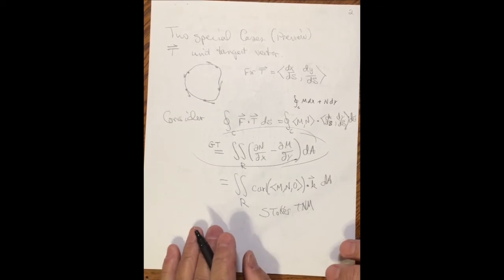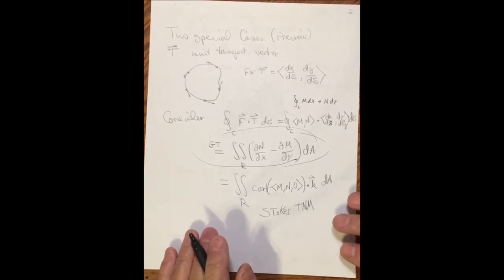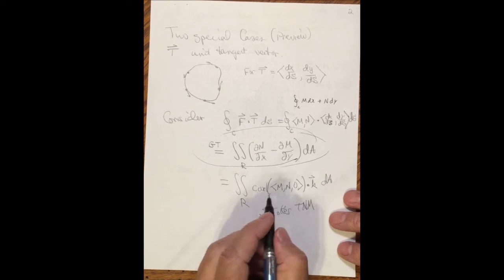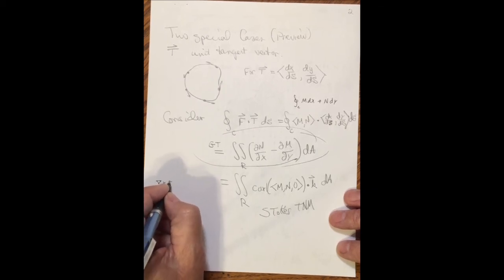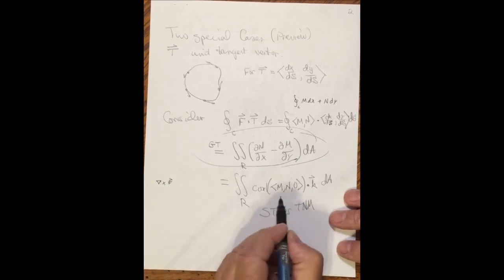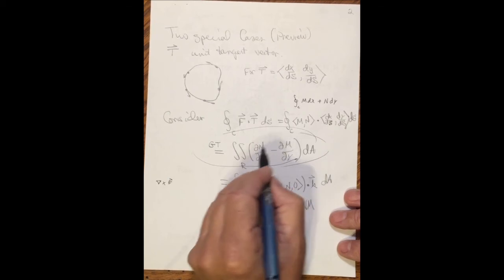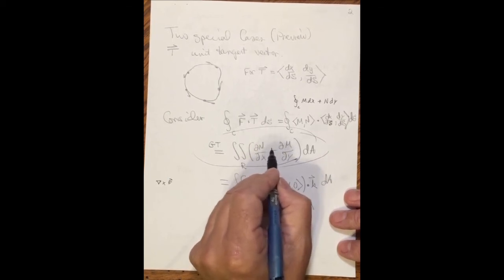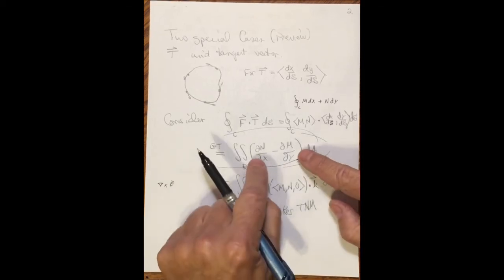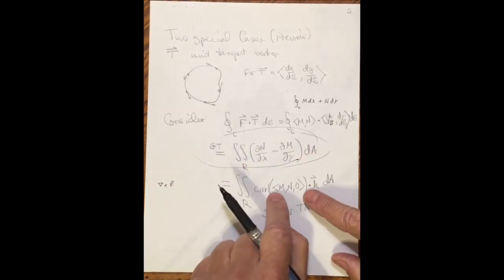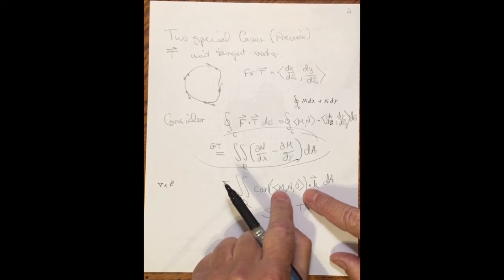But now, if you go back and look, remember when we talked about the curl. Remember the curl is the cross product of the gradient operator, the del operator, and our vector function. When we did this in class, this was the third component, the k component. So one way to get this is to take that third component when you find the curl of this vector.